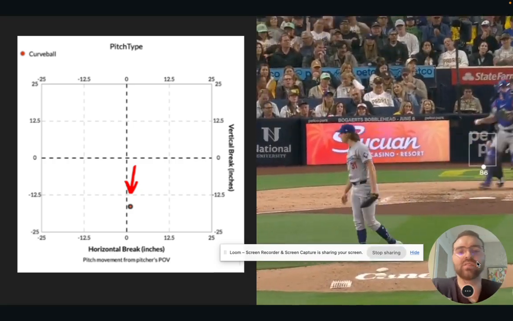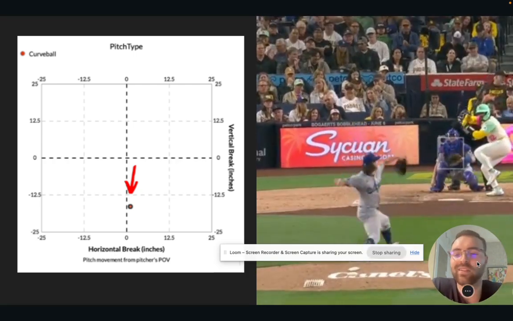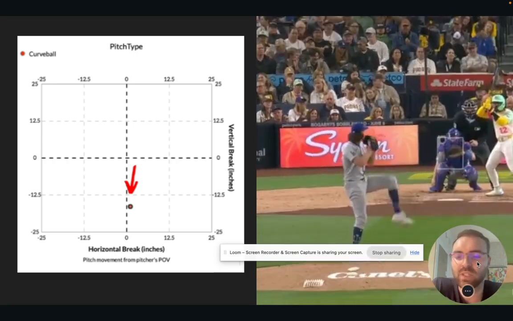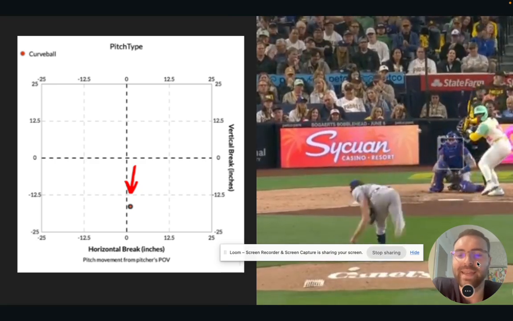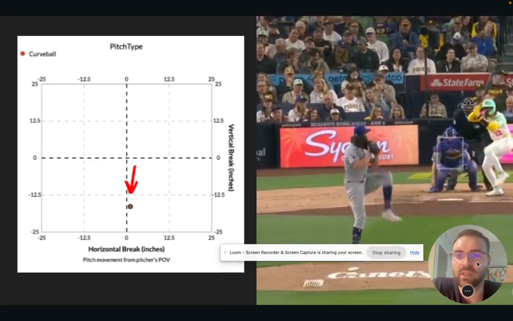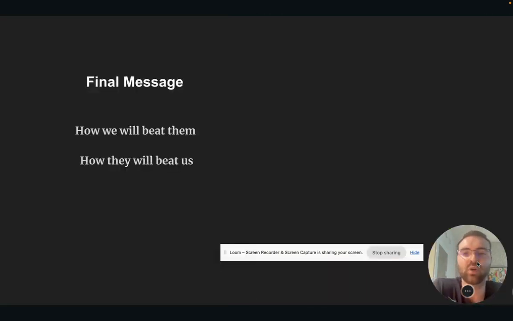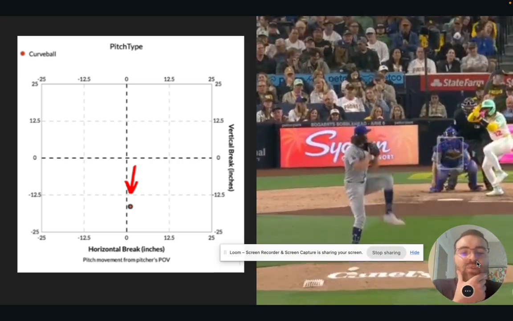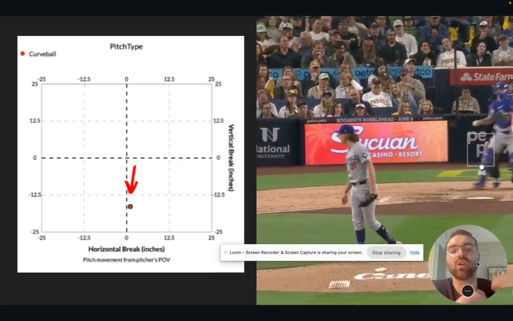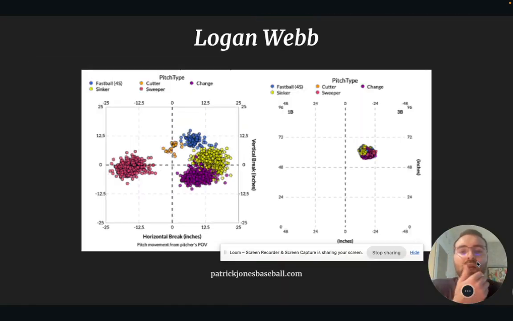His breaking ball is more north-south, and you can see some of his breaking pitches that have the most depth will be negative 13, negative 14 on the y-axis plot. So those are two different examples of players with two different types of arm slots. We're more north-south with Glasnow, and then Logan Webb is more east-west, closer to sidearm.